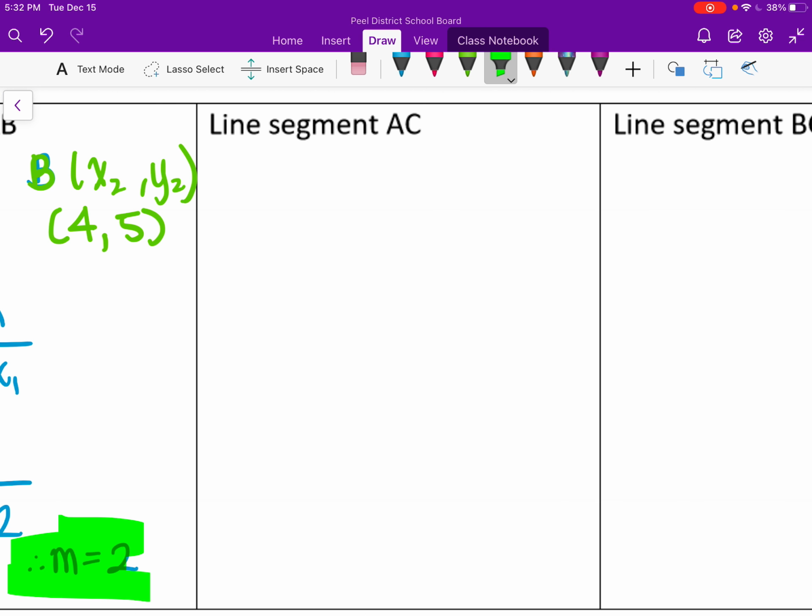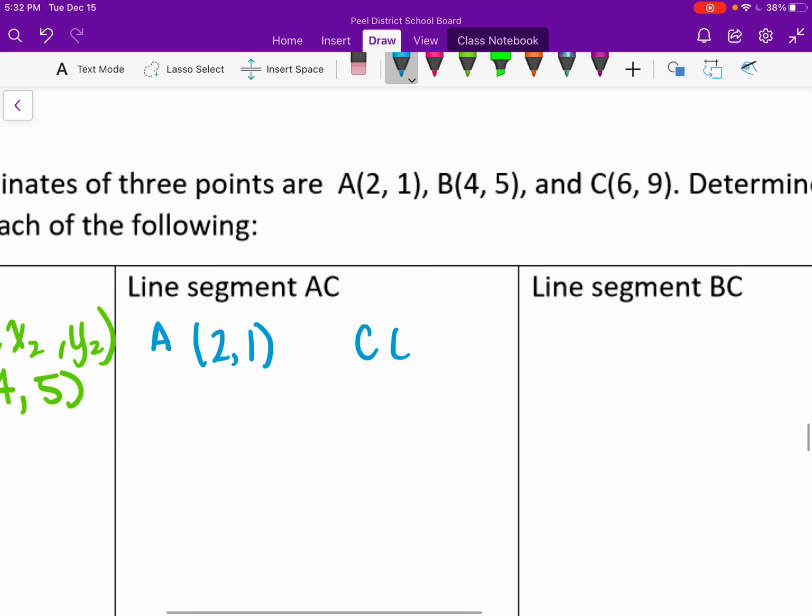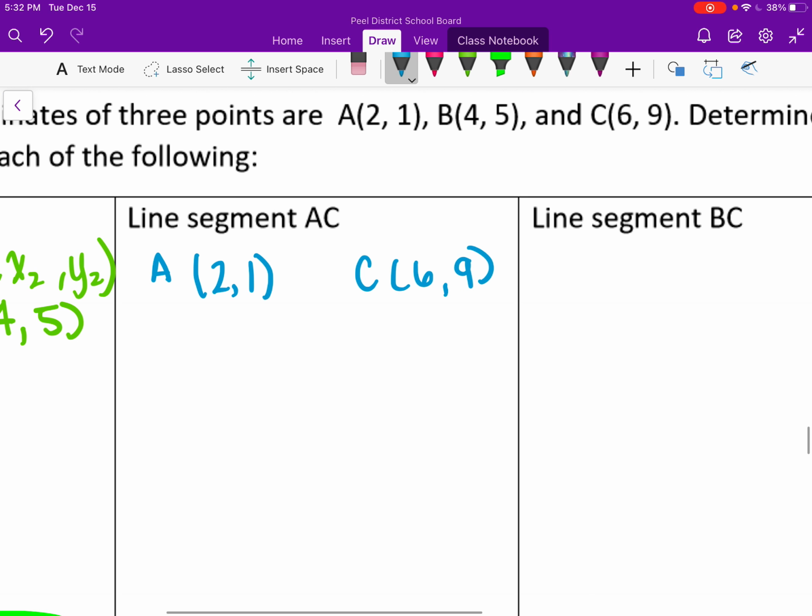Then it's asking me to find line segment AC. So I'm going to go back here and ask, what are the coordinates for A? That'll be my x1, y1. What are my coordinates for C? That'll be my x2, y2. This is my first coordinate, then my second coordinate is going to be here. And I'm just going to put the numbers in.